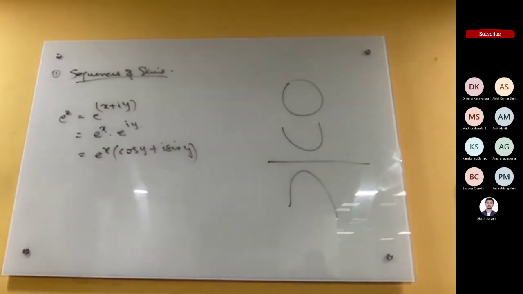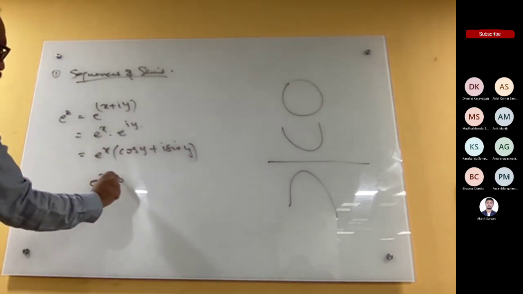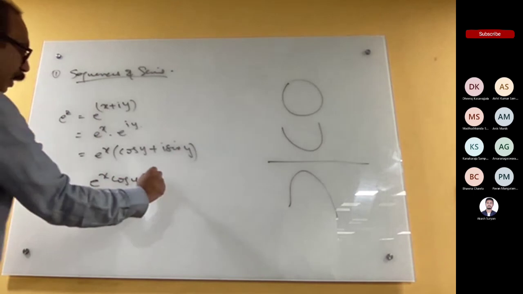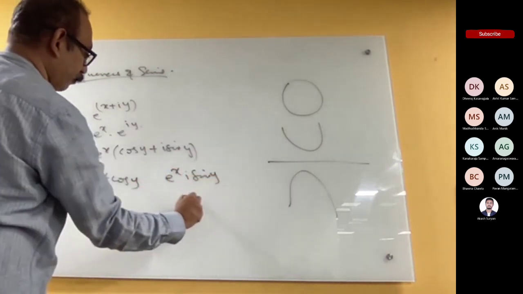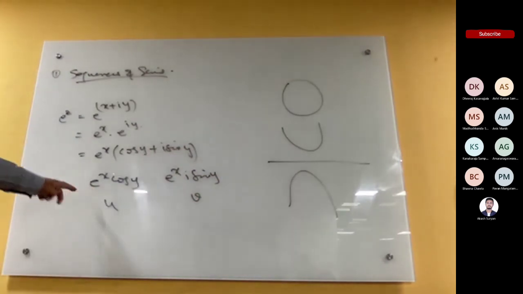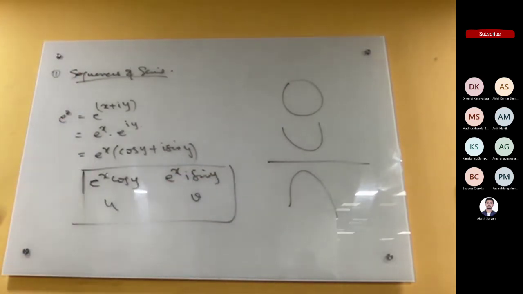Then e power x cos y can be taken as u, and e power x sin y can be taken as your v, and that is your mapping. If I have to prove that this will end up being a conformal mapping, again, to prove it, just take the Cauchy-Riemann conditions and you can prove it.